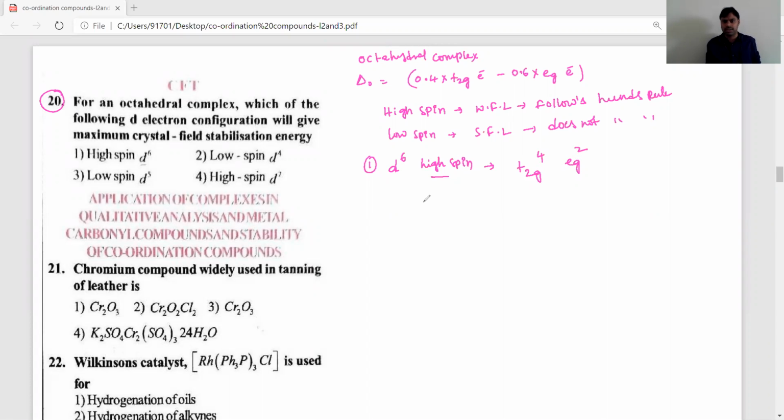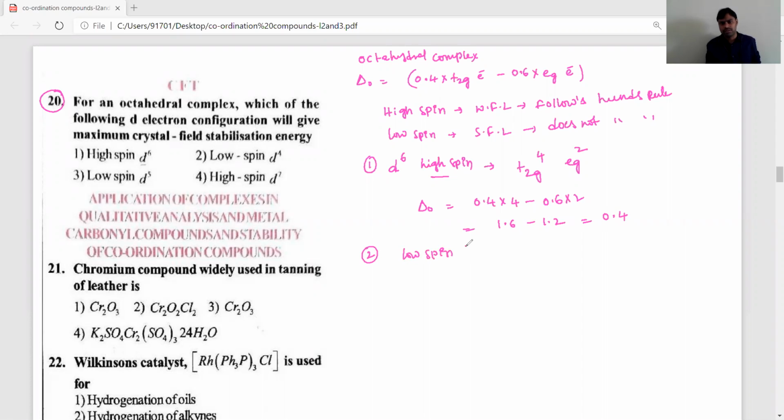Then delta naught is 0.4 into 4 minus 0.6 into 2, which is 1.6 minus 1.2, equal to 0.4.